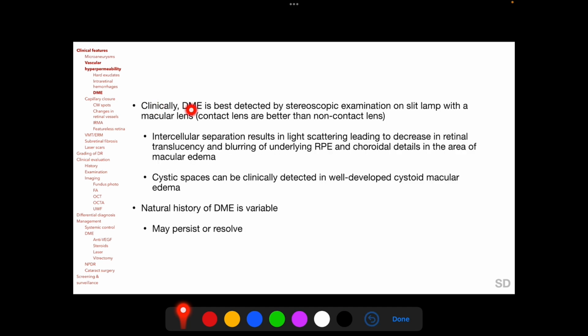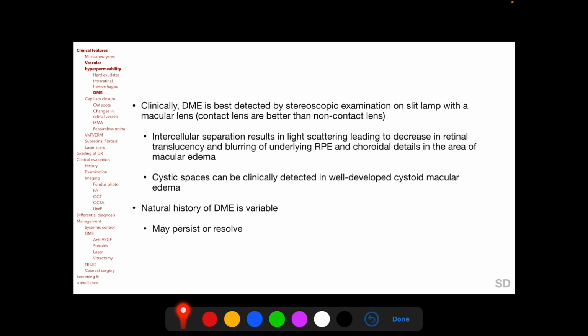Clinically, diabetic macular edema is best detected by stereoscopic examination of the posterior pole on slit lamp with a macular lens, and for this purpose, contact lenses are better than non-contact lenses, but non-contact lenses are more frequently used because they are more convenient to use.